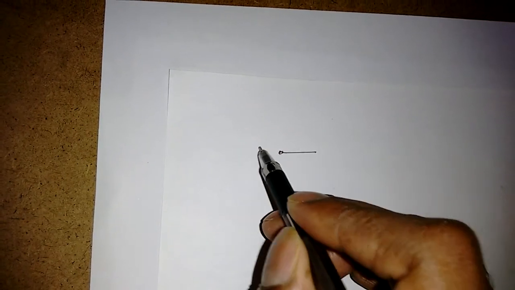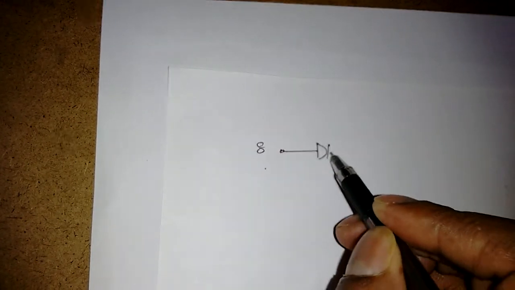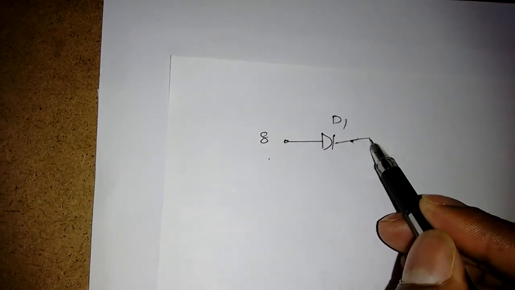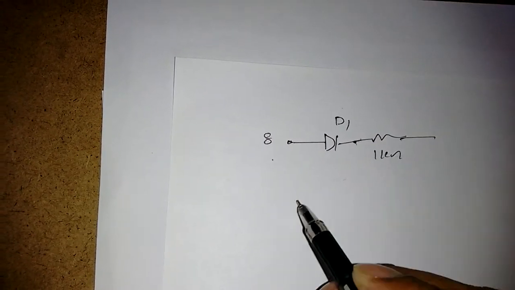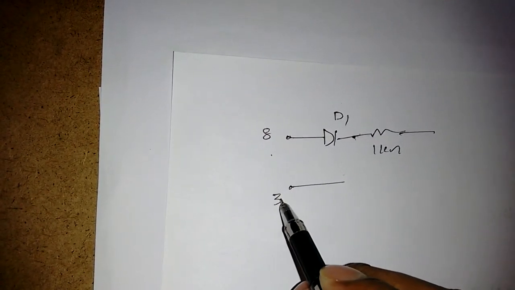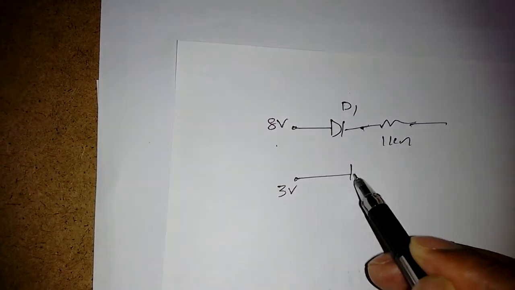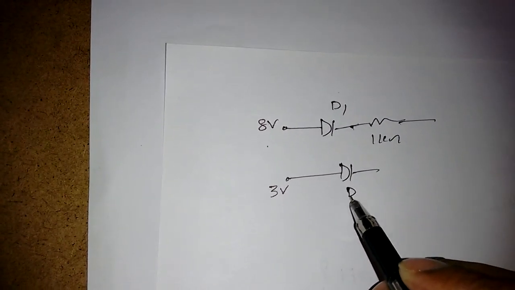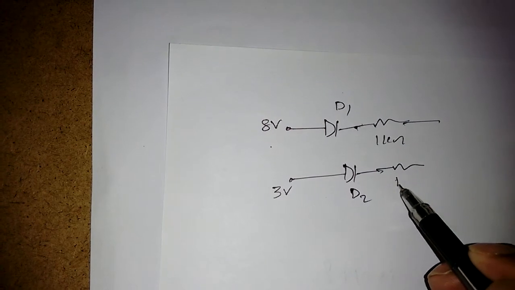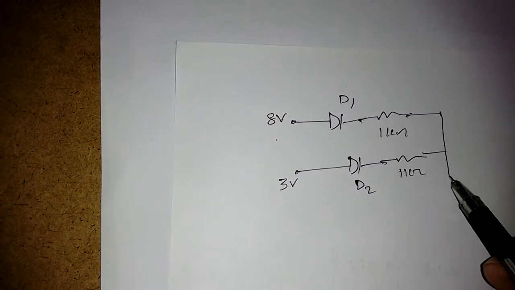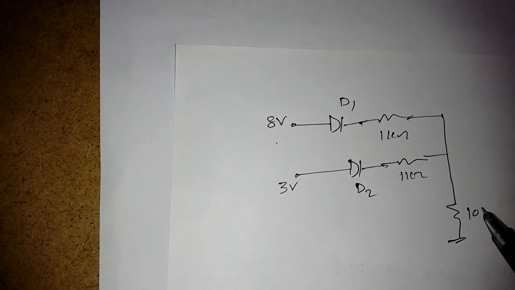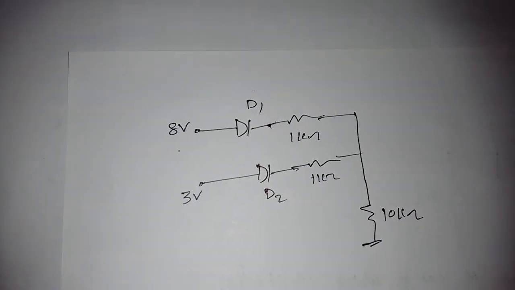If I take the circuit again, this is 8 volts. Here diode D1 is there, and there is a 1 kilo ohm resistor. This is 3 volts, this is diode D2, this is 1 kilo ohm, and these two are connected to 10 kilo ohm. Now what is the assumption?